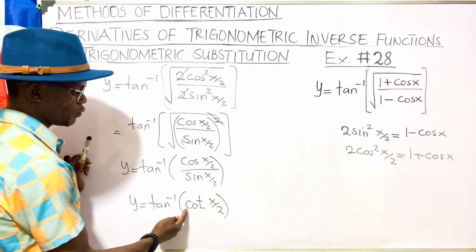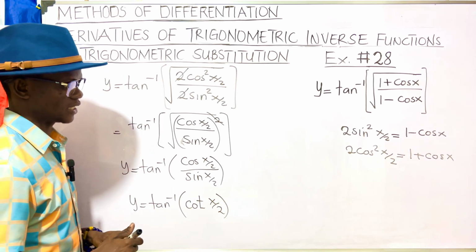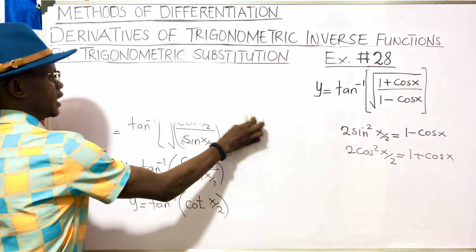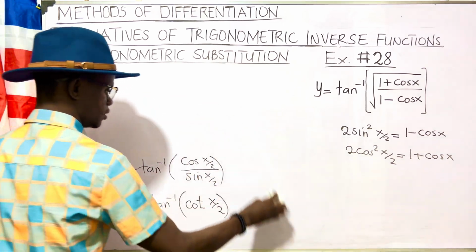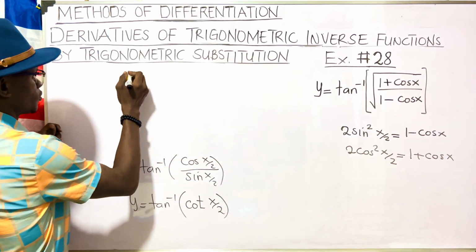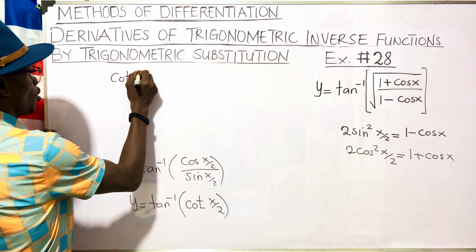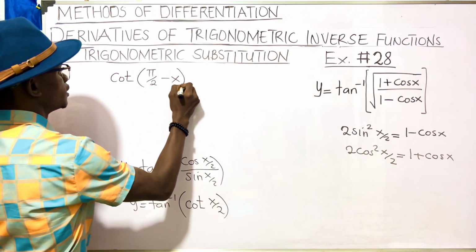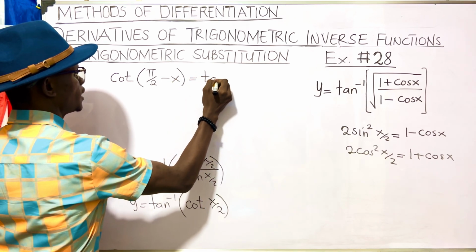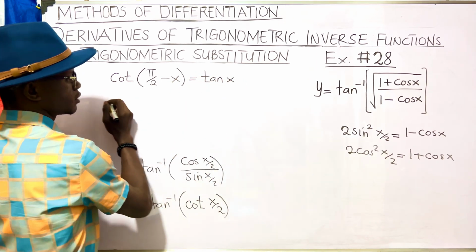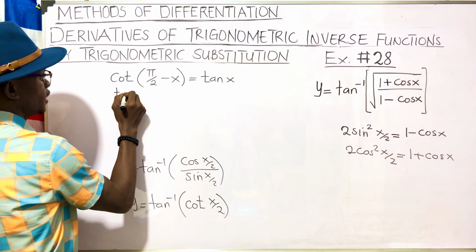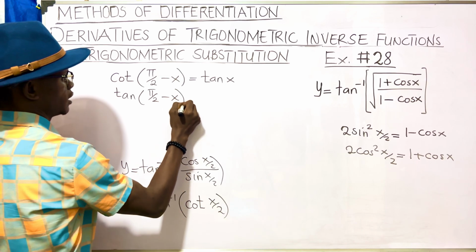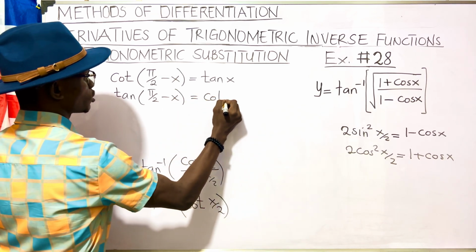So what we can do is rewrite this cot in terms of tangent, using the co-function identities. We know that cot of pi by 2 minus x is equal to tangent of x, or tangent of pi by 2 minus x is equal to cot of x.